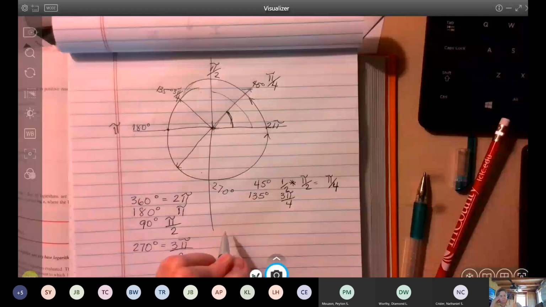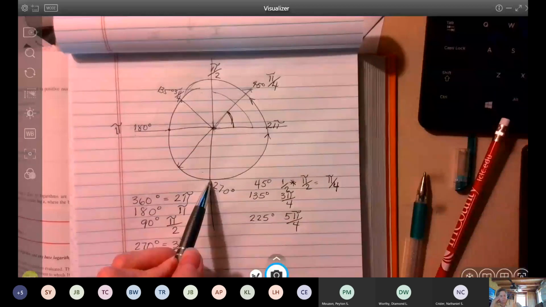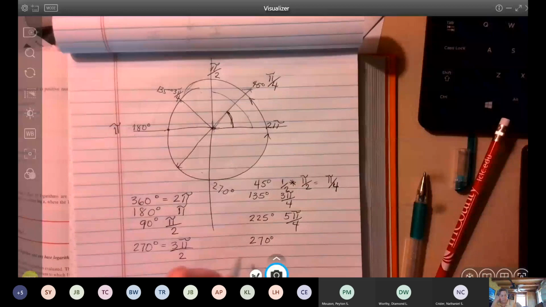Then you have 6 pi over 4. So that's going to be what? Reduce 270. 6 pi over 4 is going to be what? 3 pi over 2. 3 pi over 2.